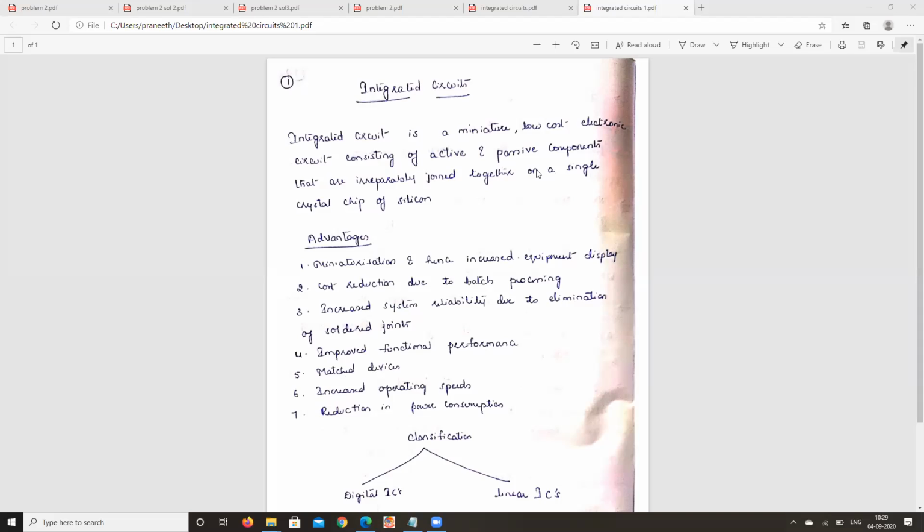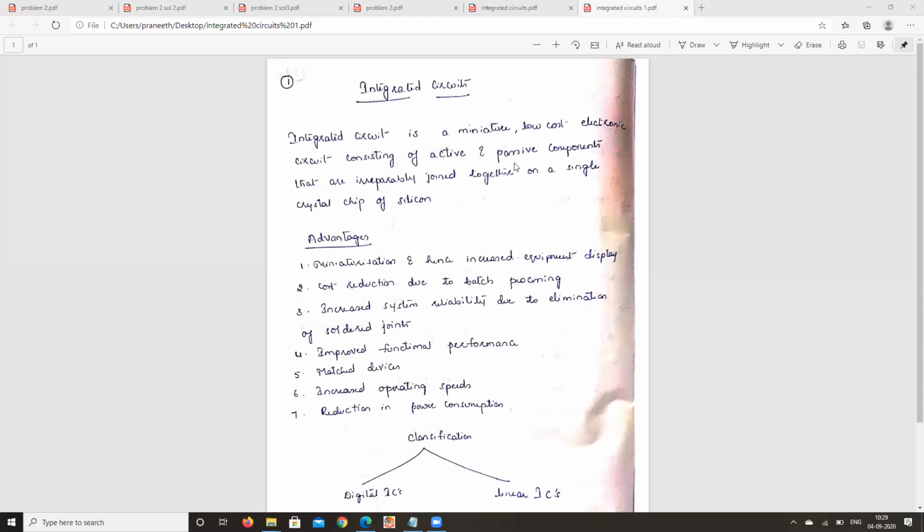And before going to the operational amplifier, let us see a small introduction to integrated circuits. First of all, what is an integrated circuit? Here is a definition. There are different definitions of an integrated circuit.